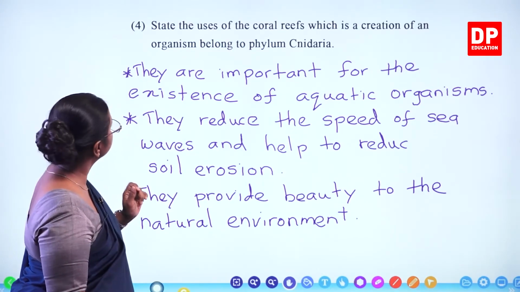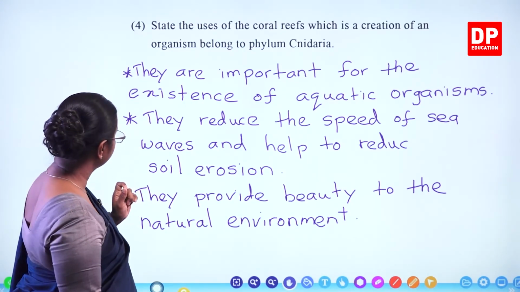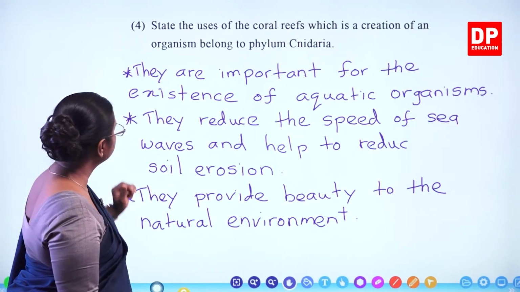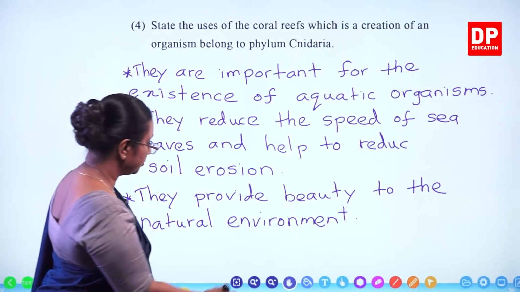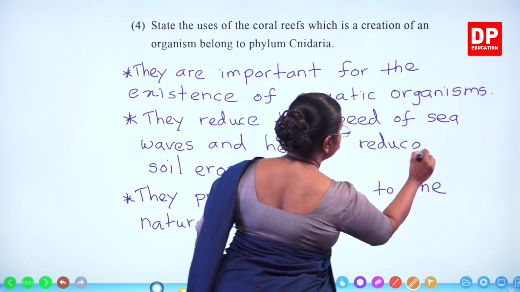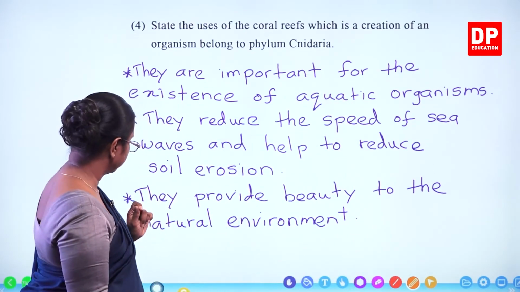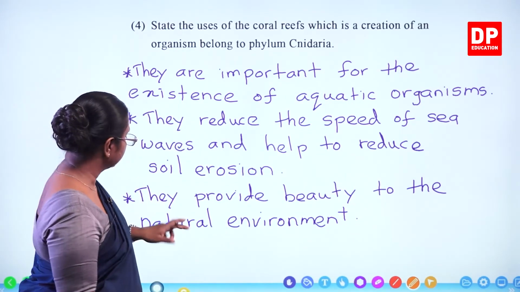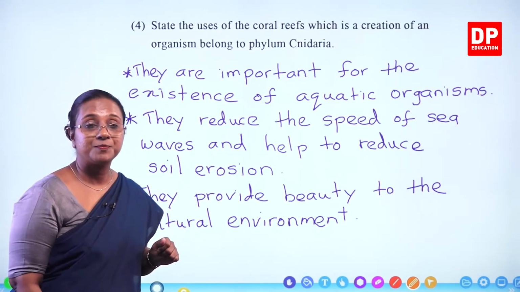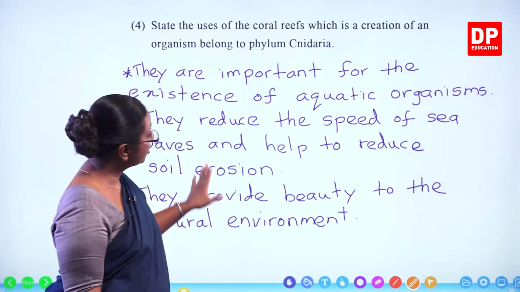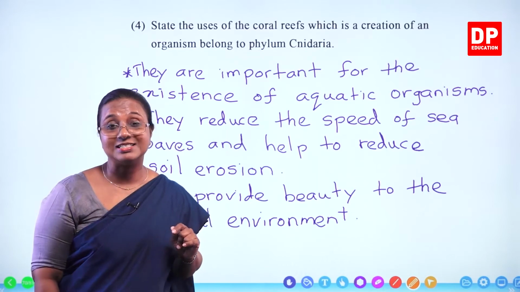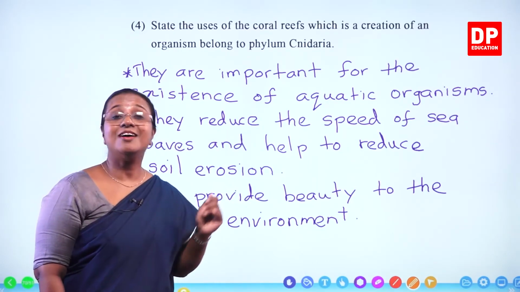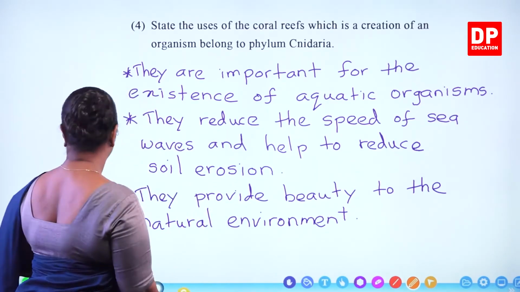They are important for the existence of aquatic organisms. They reduce the speed of sea waves and help to reduce soil erosion. They provide beauty to the natural environment. So, I am sure you all also would have written some similar answers. So, with that students, I will move on to the next slide.